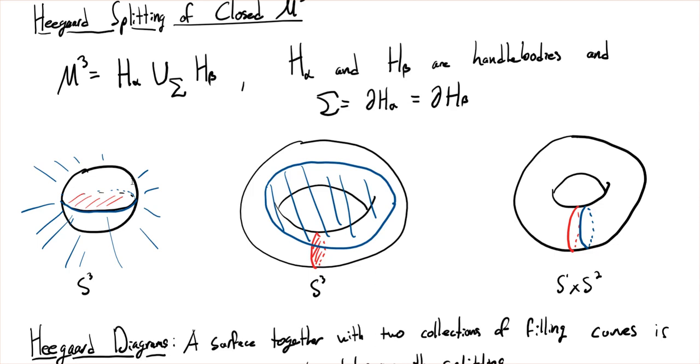The third picture, while we can't visualize it as well, instructs us that S1 cross S2 is obtained by gluing two solid tori together so that the boundaries of the meridian disks are identified. After this is properly digested, you can see the core S1 and the spheres which foliate the S1 cross S2.